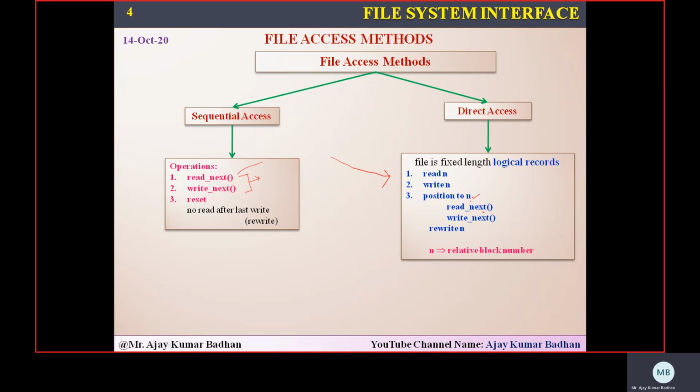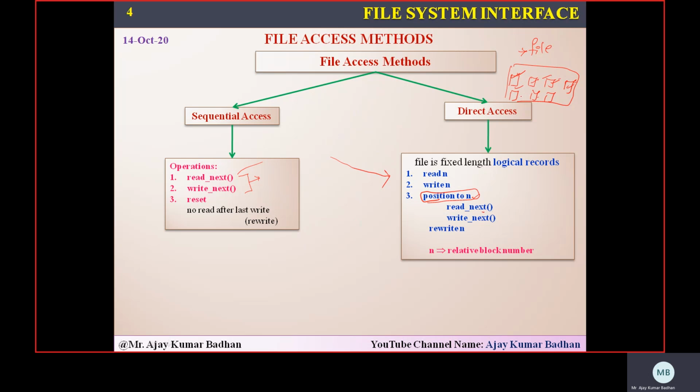But before that, you need to use position to n, because as I told you, we are dividing our files into fixed size blocks, and within them we are storing the information. This is your file, and we have allocated some space to it. Whatever the information is present in that file, we are chopping and placing into these particular boxes.